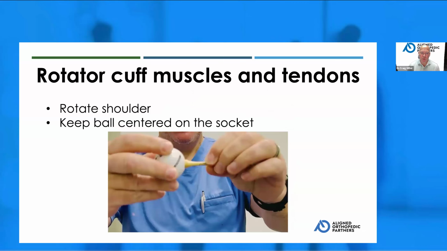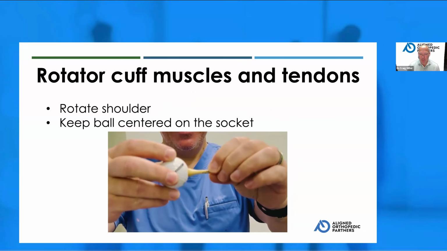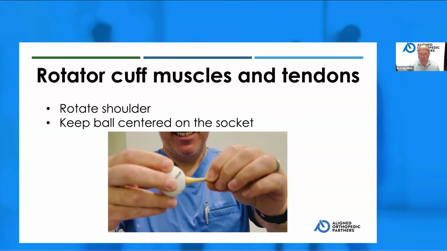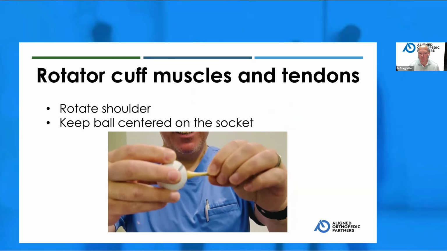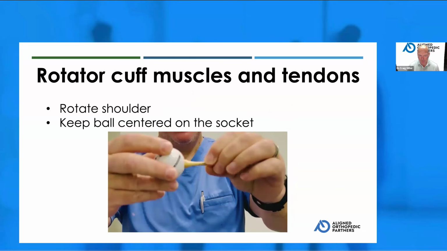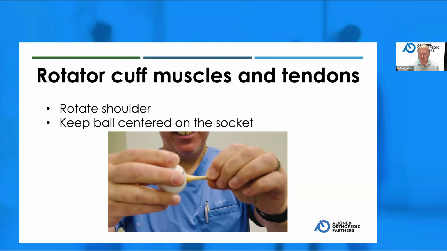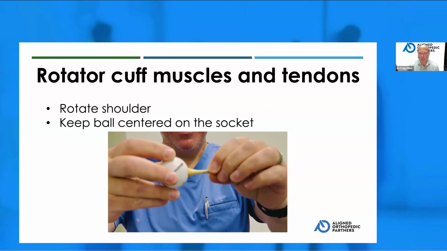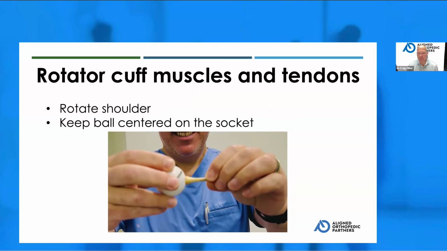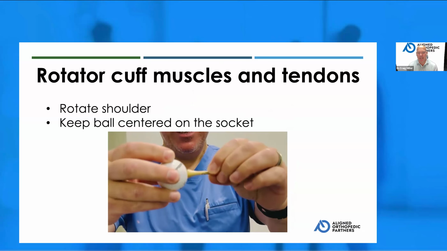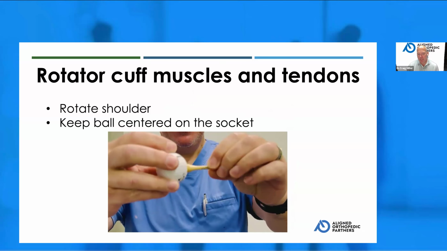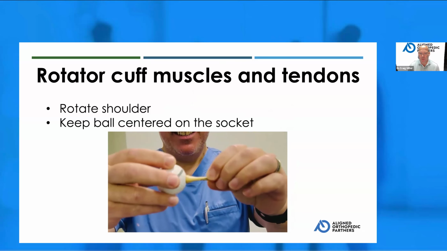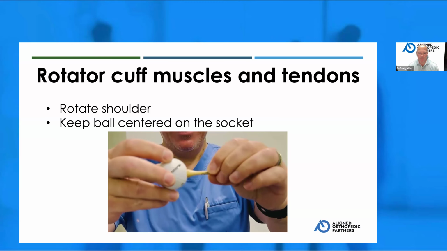So this is how this all works. When we rotate the rotator cuff, as you're seeing there, the ball stays centered on the socket in a normal shoulder. That's how the rotator cuff holds the ball centered on the socket and compresses it into the socket, which is important because the socket, similar to this tee, is about 1/4 of the size of the humeral head, the ball of the shoulder.